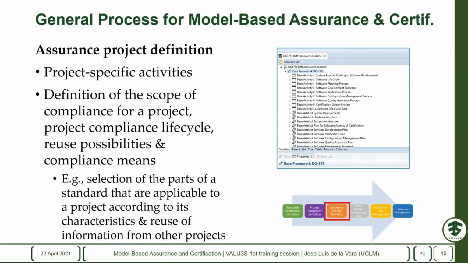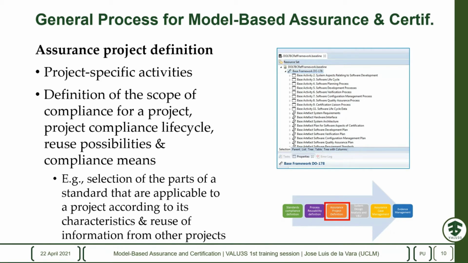Assurance project definition. This is now a project-specific activity. The main idea is that once I start a project, I need to configure how that project has to be regarding assurance certification.